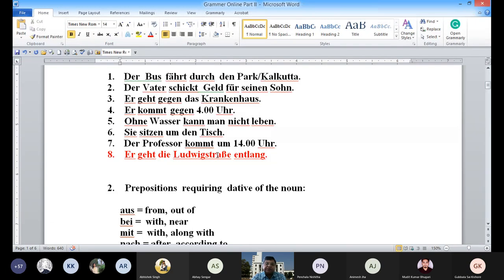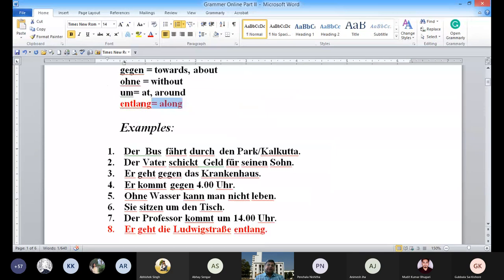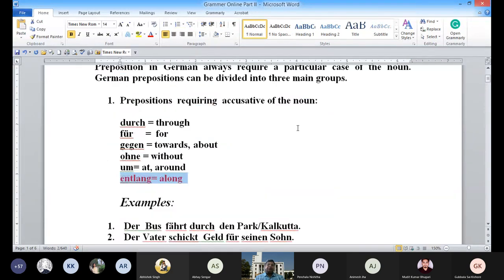So he's going the Ludwigstrasse entlang, and here you'll find that the word entlang is not used before the Ludwigstrasse as in other cases. Rather, it is used after it. So this is the only exceptional case, which is used as a postposition. So this is the first part, which is called what? Prepositions requiring accusative of the noun.